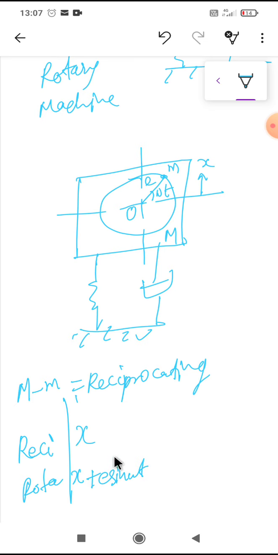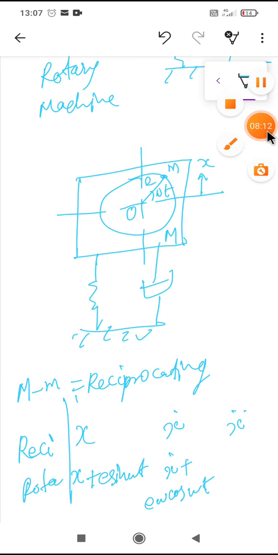So this displacement will be x plus e sine omega t for the rotation, and similarly the velocity will be x dot, and here it will be x dot plus e omega cos omega t, and the acceleration here will be x double dot, and here it will be x double dot minus e omega square sine omega t.